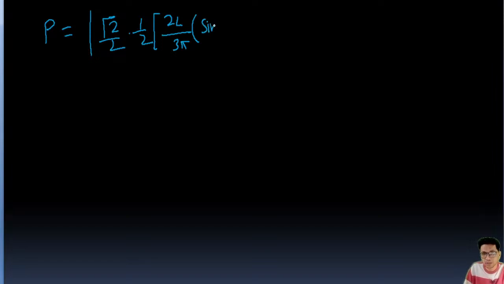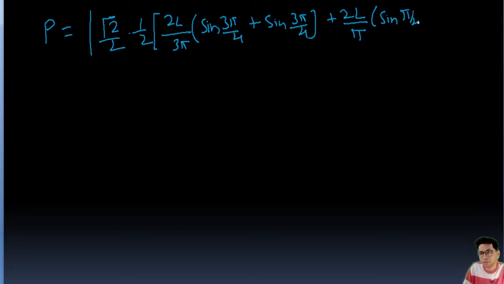So sine 3 pi by 4 plus sine 3 pi by 4, plus 2L upon pi sine pi by 4 plus sine pi by 4, mod square.